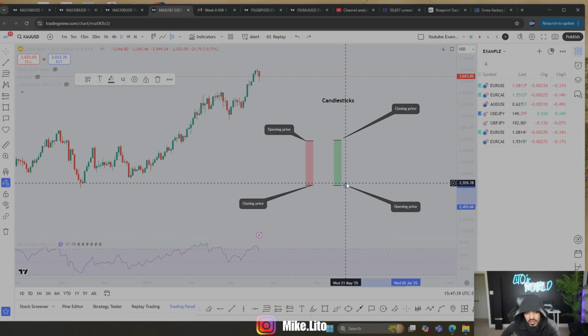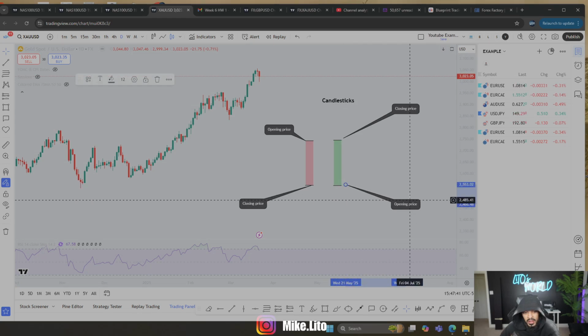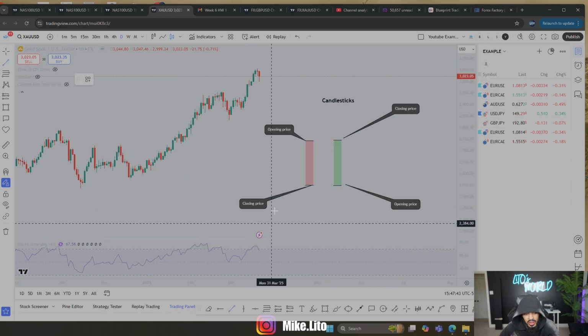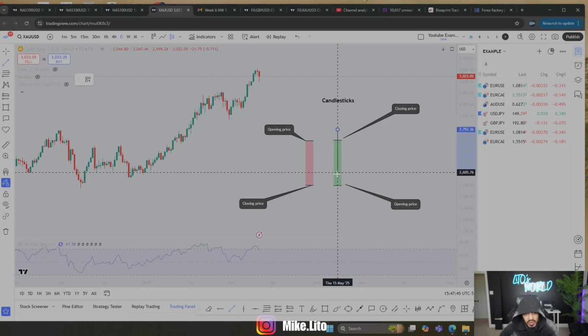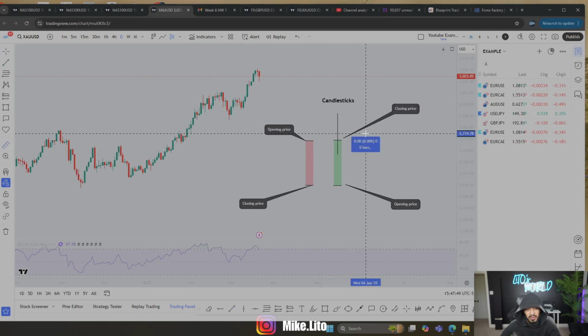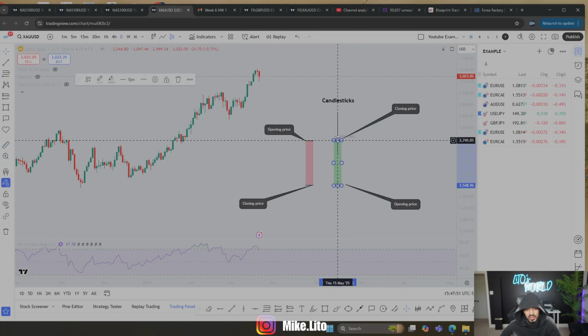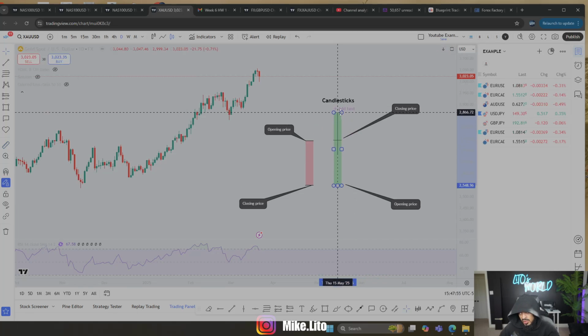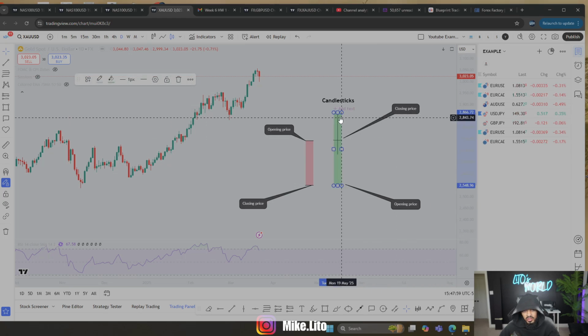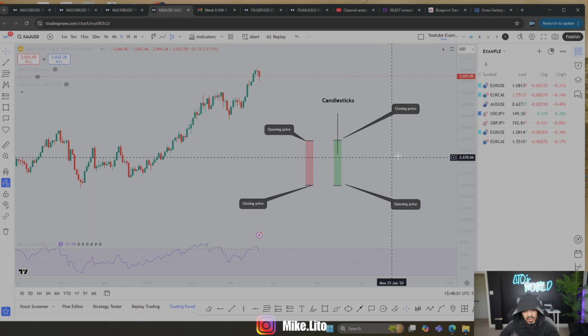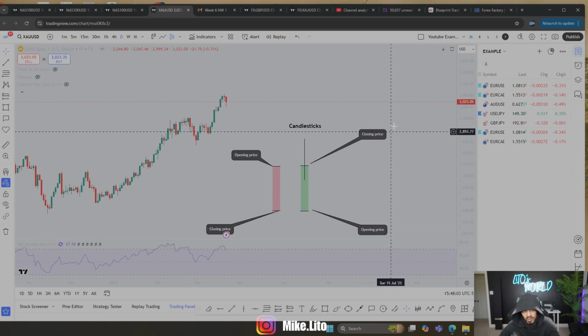Now, one thing that you want to focus on and understand, inside of this candlestick, you can have what we call a wick. So a wick just means that during this time, price was fluctuating up to this level right here, but it did not close at this price. So when you think about price, there's always a timer on the side of the overall screen, right?